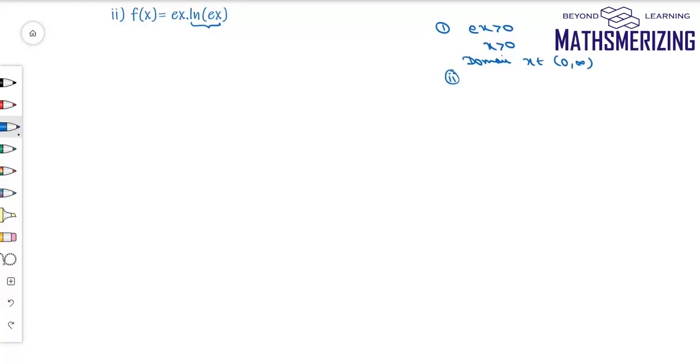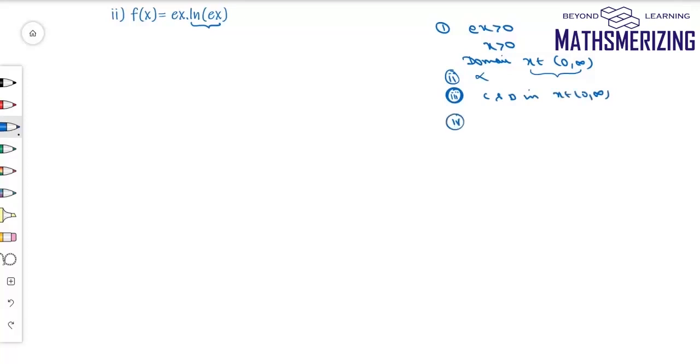Now I cannot put -x in that, so there is no symmetry in this given curve. In the interval 0 to infinite, both the functions x and ln x are continuous and differentiable. So this function is continuous and differentiable in x belongs to 0 to infinite.